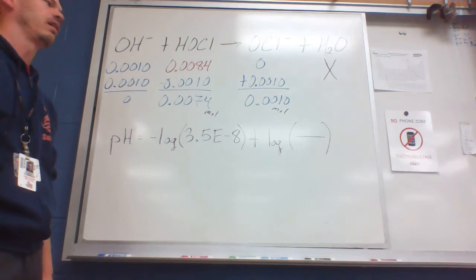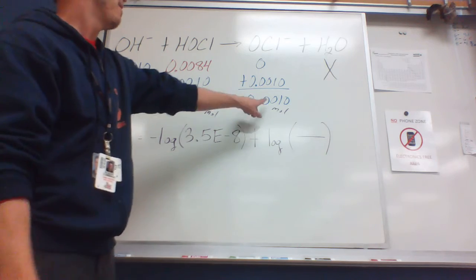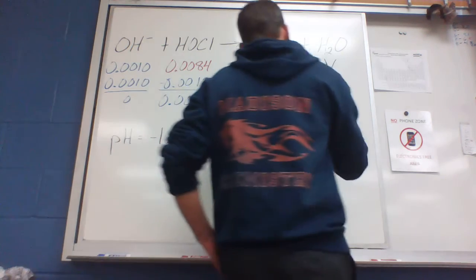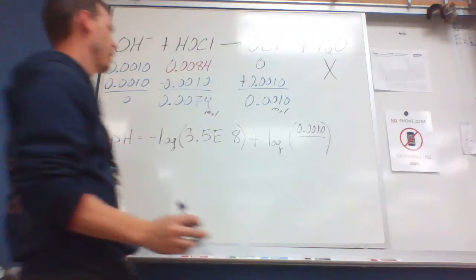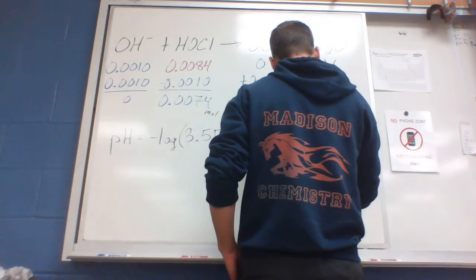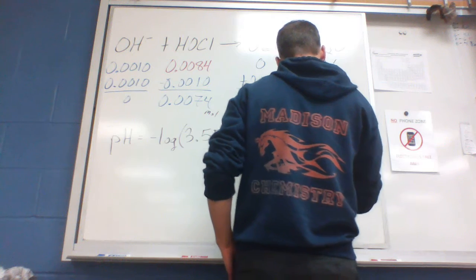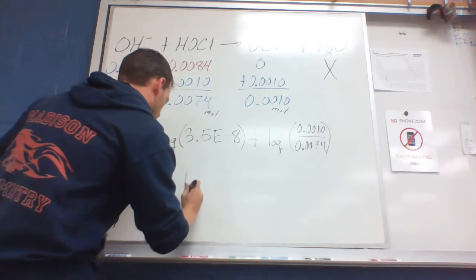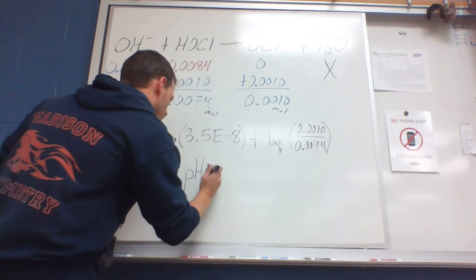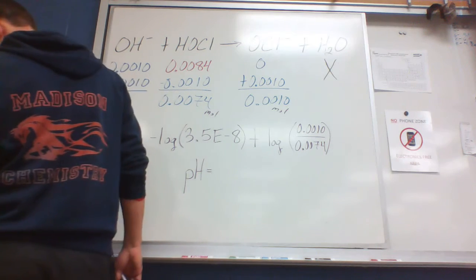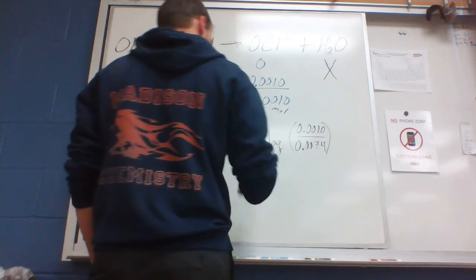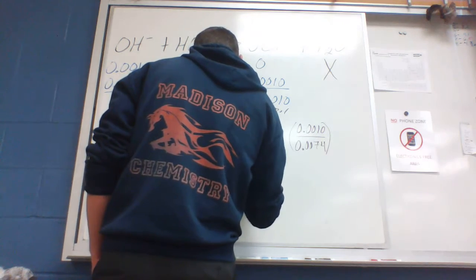What over what? 0.0384 over, the one with the charge goes on top, over 0.0074. And that will give you the pH. I get 6.59.